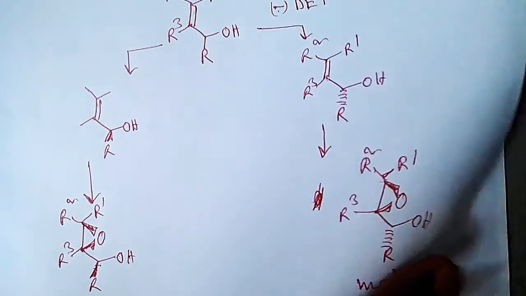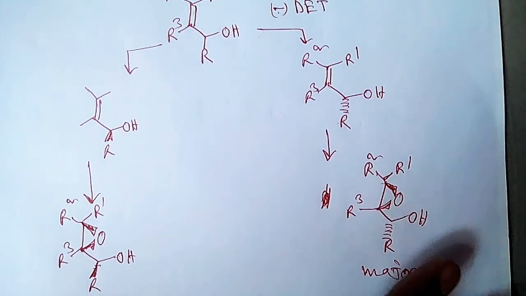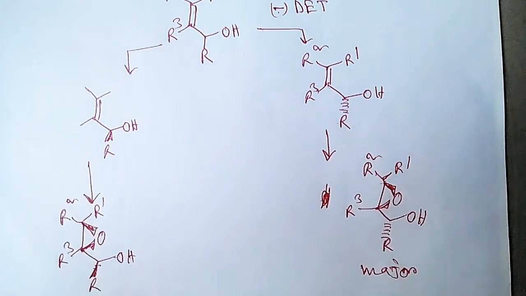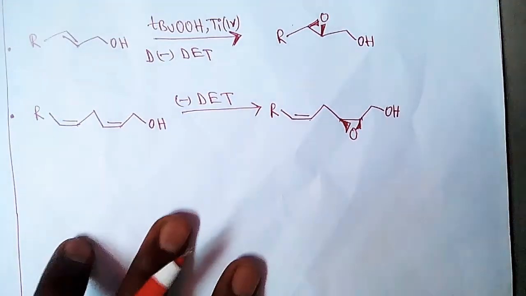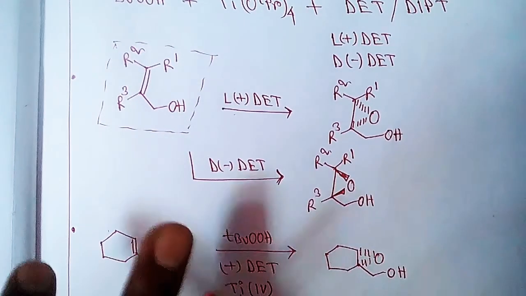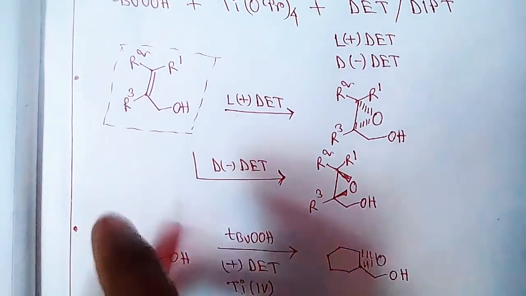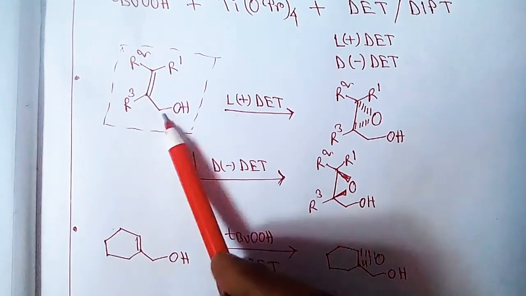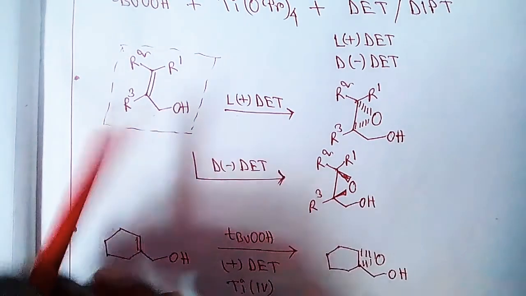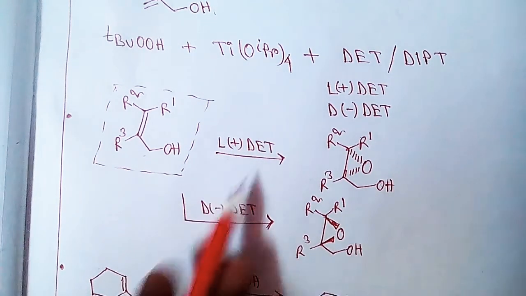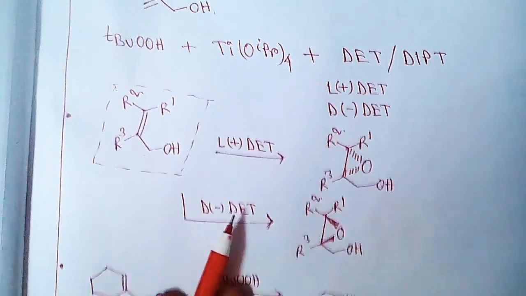Okay, this is about Sharpless epoxidation, and this type of question is asked in different exams. You only have to remember that you have to draw the allylic alcohol in this fashion, and see which reagent they give: L plus DET or D minus DET.